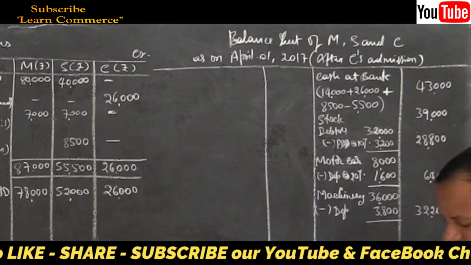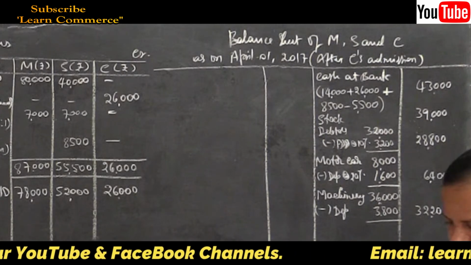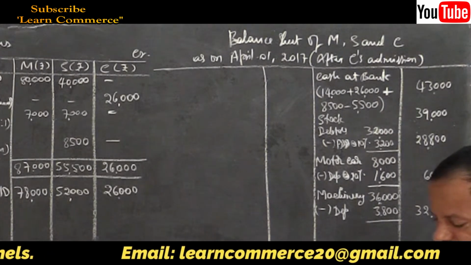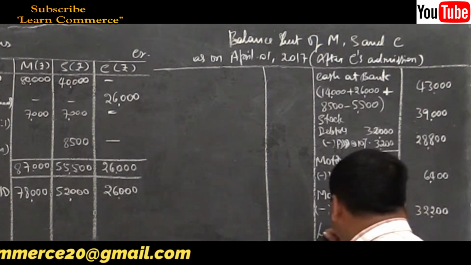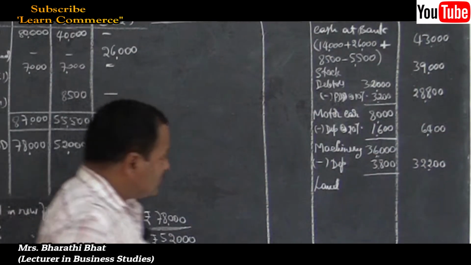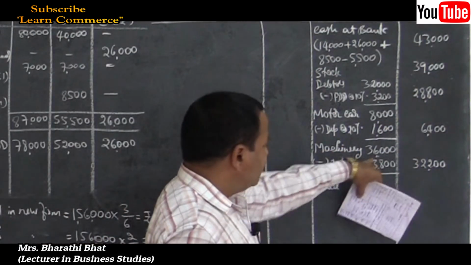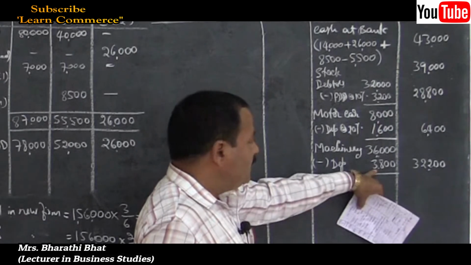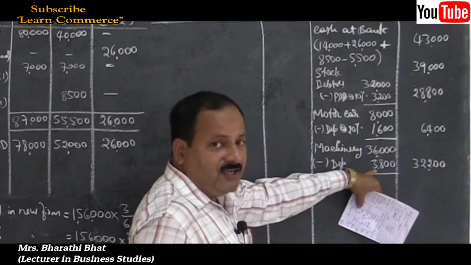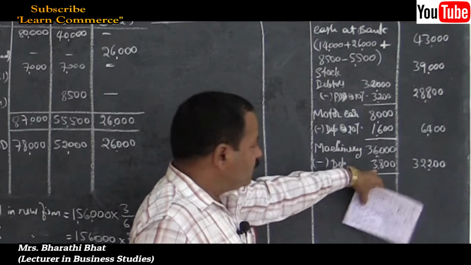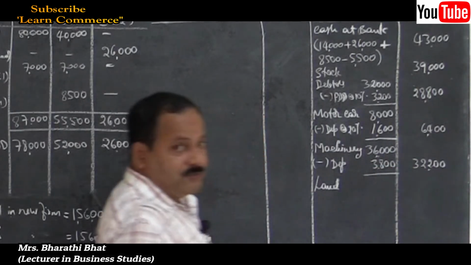Then what else? Land and buildings, right? Speaking about machinery, 36,000, depreciation should be charged 3,800. Given in the problem, no need to calculate. Straight away deduct and write the figure 32,200, right?